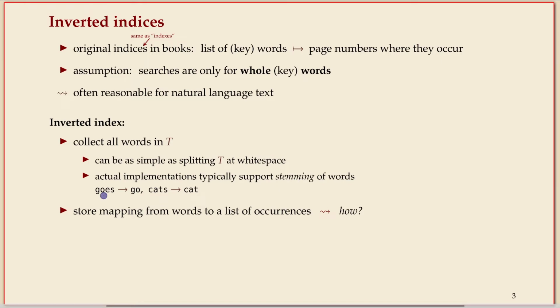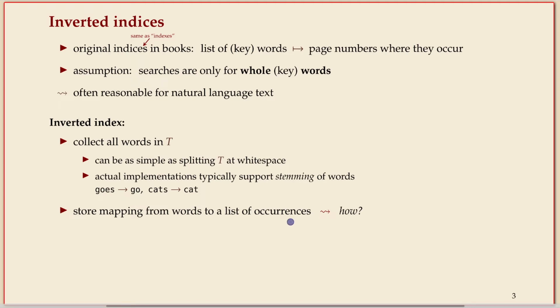You go from a certain occurrence of an inflected word to the stem, go from plural to singular, go from conjugated verbs to the standard form. You may know your grammar better than I do, what the appropriate terms are in each case. This is just to make sure that if you look for go, you also find all these other occurrences that are logically the same word.